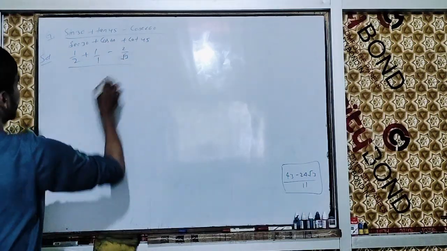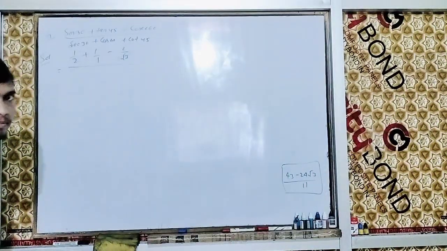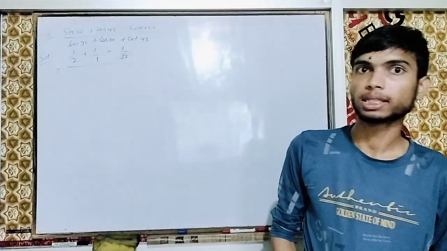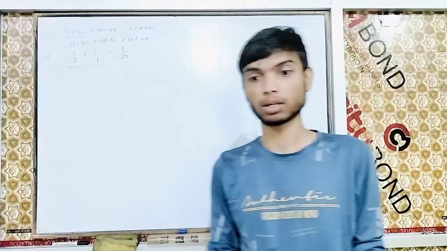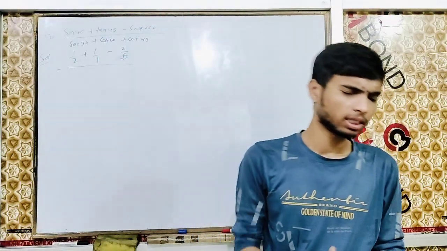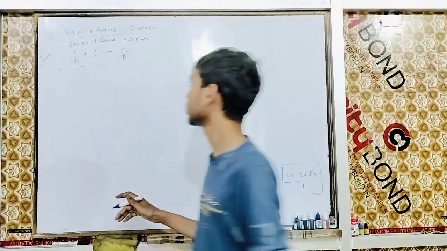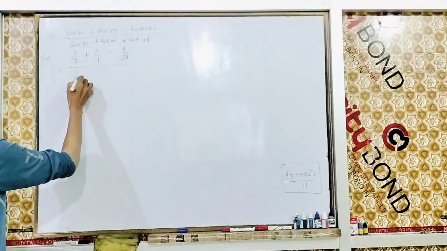Clear? This whole upon sec 30. This is the reciprocal of cos, so cos 30 is root 3 upon 2. So this will become 2 upon root 3.